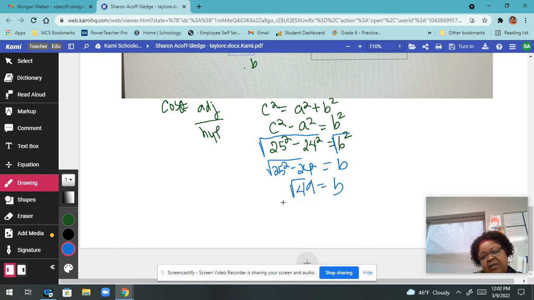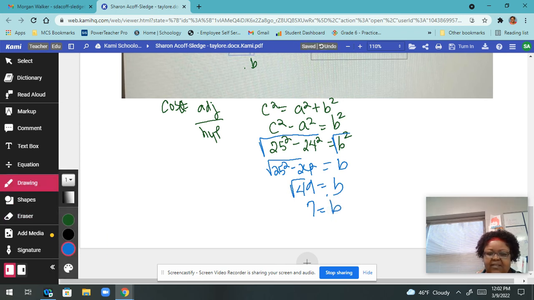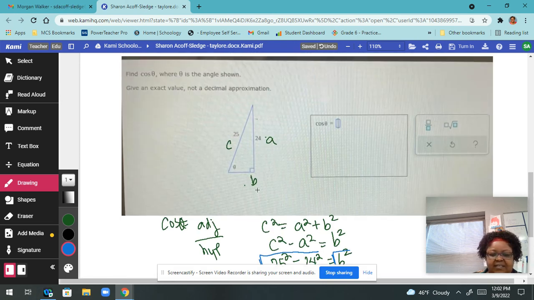And the square root of 49 is 7. So this side here, the adjacent side that we need, is actually 7 units.